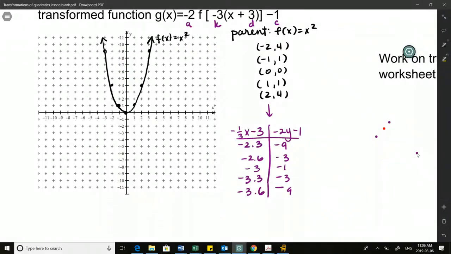So these are my points. I've graphed my parent function. I'm just going to take a couple extra steps here to make sure that I have this fully graphed now. This one's going to be pretty compressed, so we'll have to try to be accurate with our decimals here.